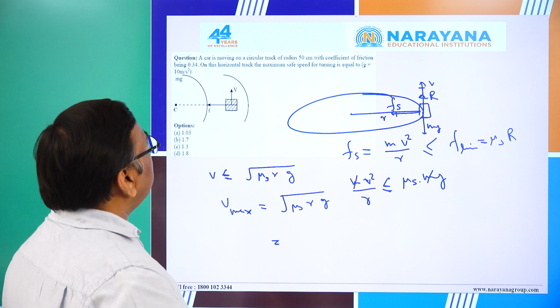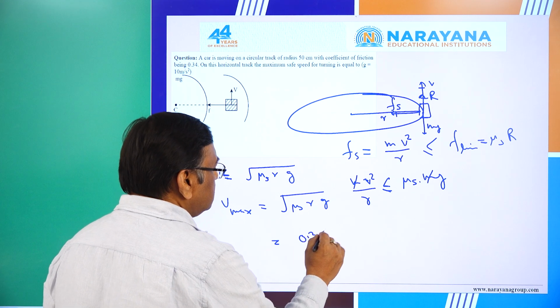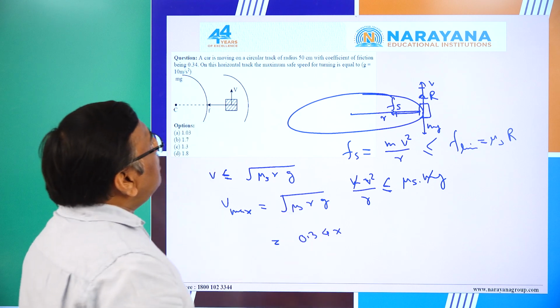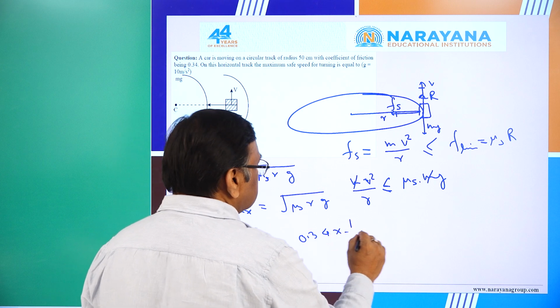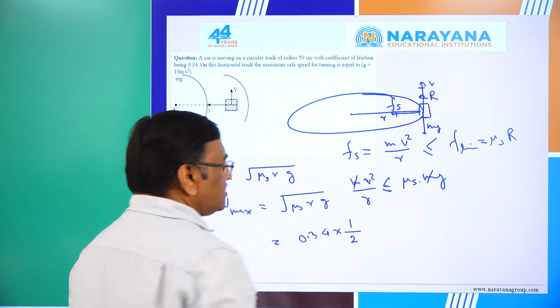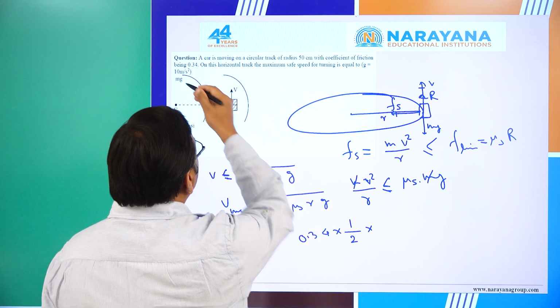Mu s in the question is given to be 0.34. So now substitute the values, 0.34. The radius of the track is given to be 50 centimeter, that is, in meters, 50 by 100, which I can make 1 by 2 meters. G is taken to be 10 in the question.